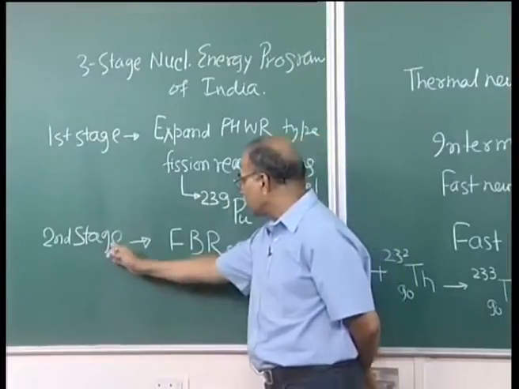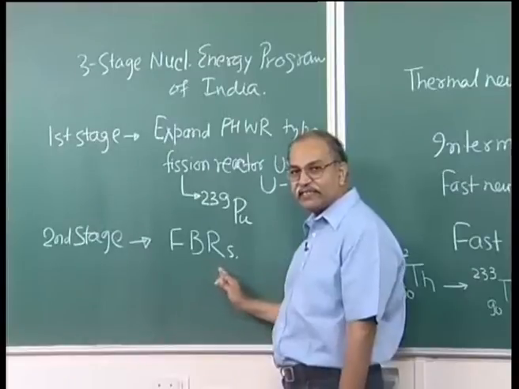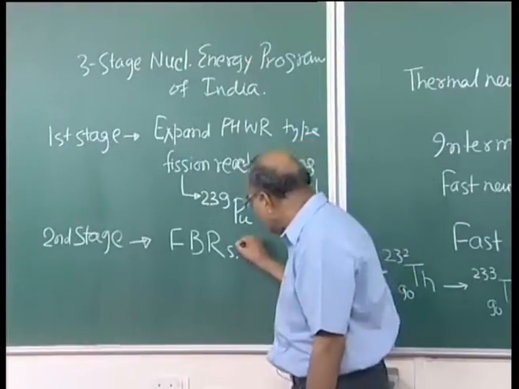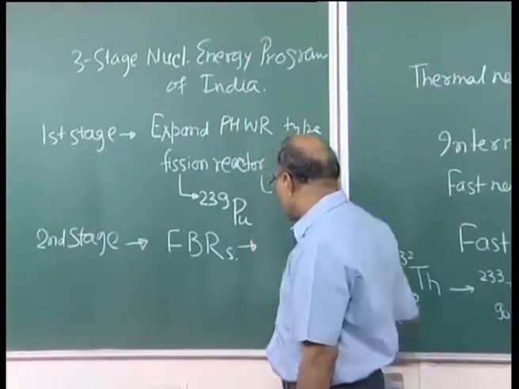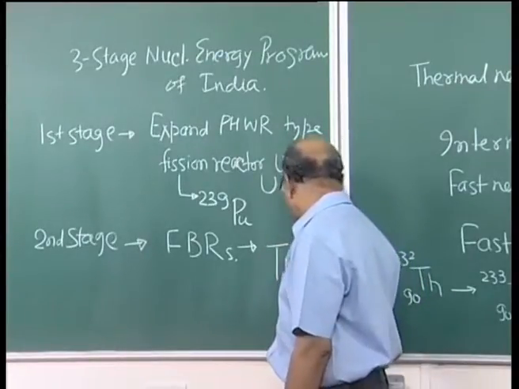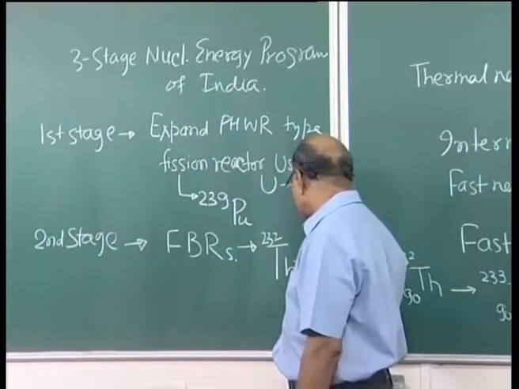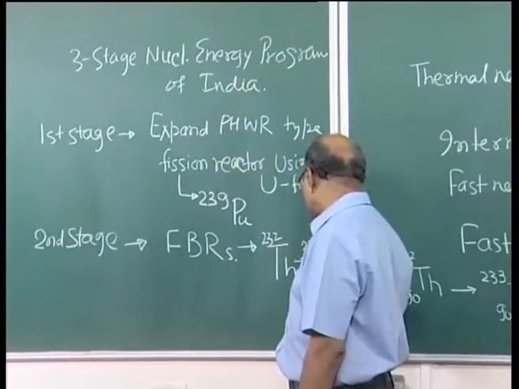So, this will be used to run these FBRs, and in these FBRs thorium 232 will be irradiated, then that will give us uranium 233.